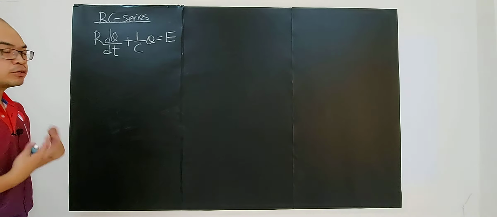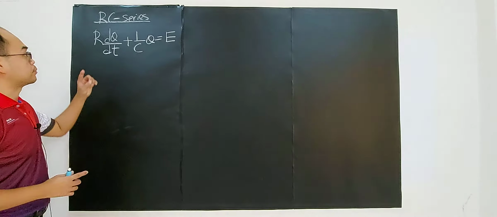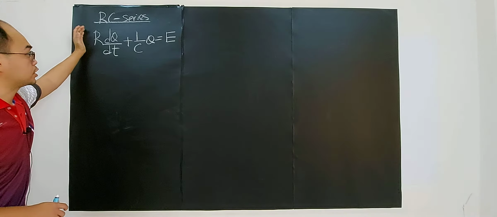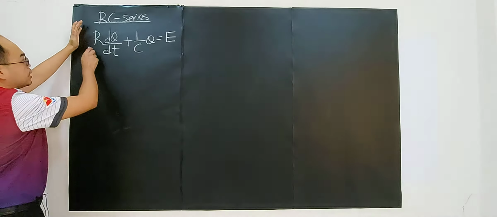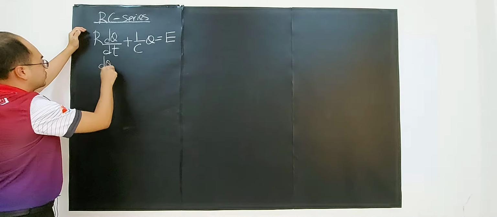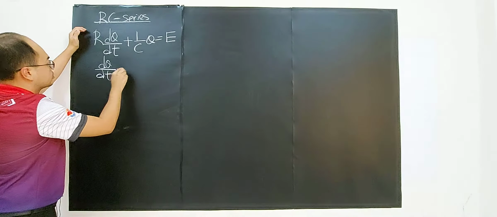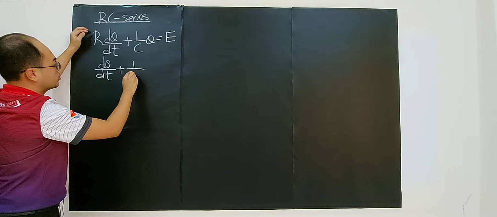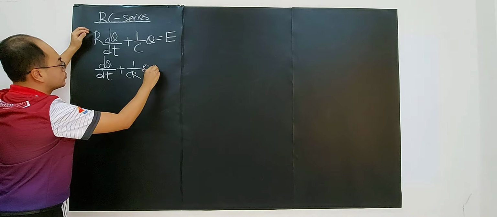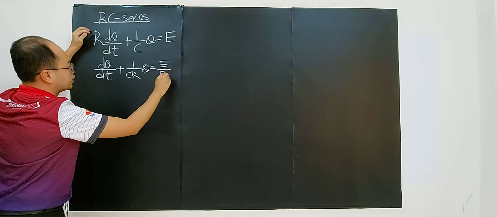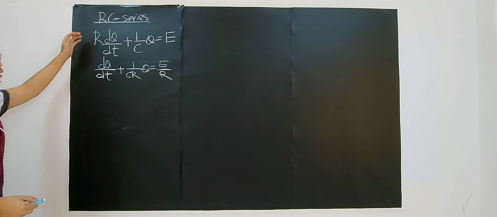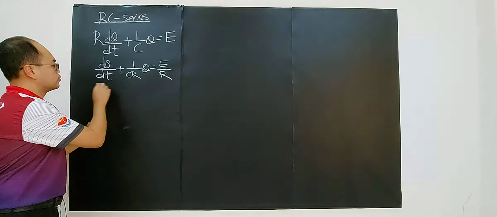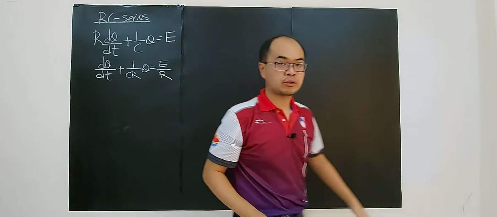In my video, I choose the first order linear differential equation method, because if I divide this whole thing by R, I will have dq dt plus 1 over CR times Q equals E over R. If you look carefully, this is actually a first order linear differential equation.